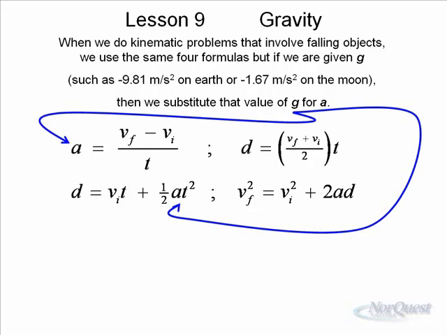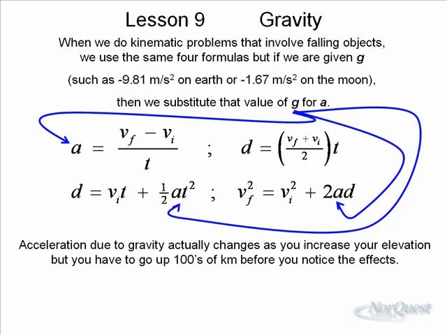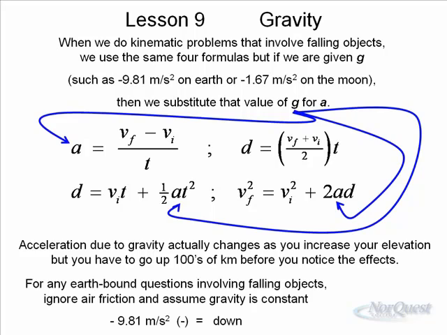So a is 9.81, a is 9.81, a could be 9.81. Acceleration due to gravity actually changes as you increase your elevation, but you'd have to go very, very high before you notice the effects. So for any earthbound questions involving falling objects, we use 9.81 meters per second squared.